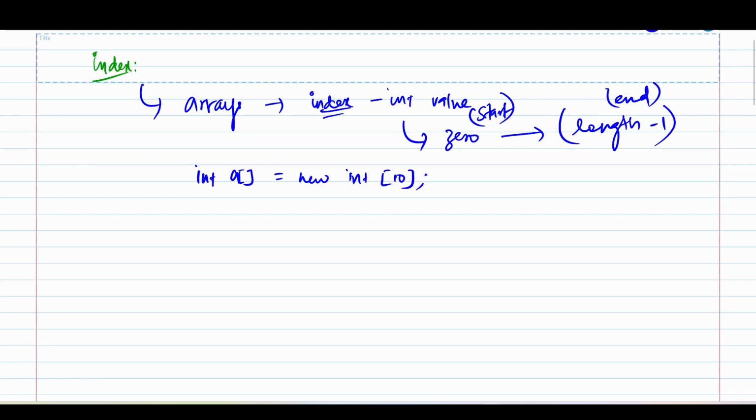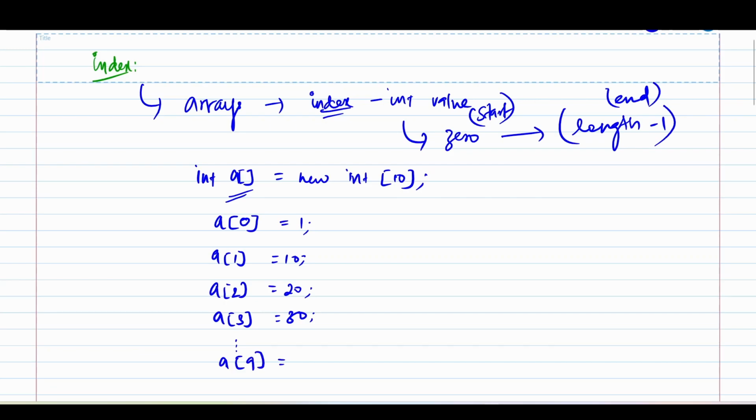So how will we assign values to these 10 integers in the array called a? a of 0 equal to 1, then a of 1 equal to 10, then a of 2 equal to 20, then a of 3 equal to 30, etc. a of 9 equal to 90. This is how we will assign 10 values to this variable a.